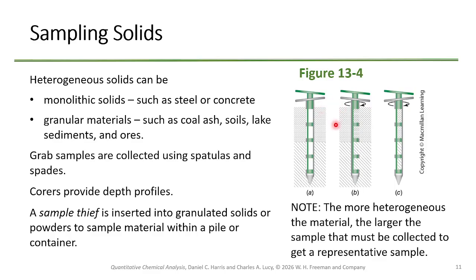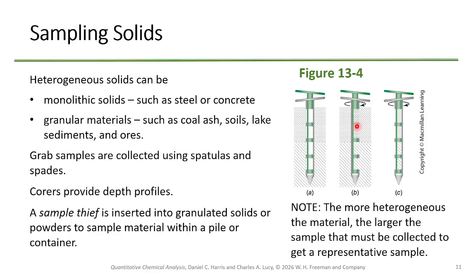As you turn, it's going to lower down in here, and it's going to fill these compartments with your sample. And then you turn it back and it's going to allow you to pull that out. Okay. Very similar to how a core works. Cores are just much, much larger and require cooling and a bunch of other stuff because they're going to be boring through more difficult materials.